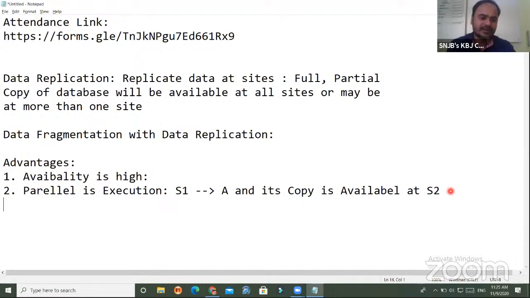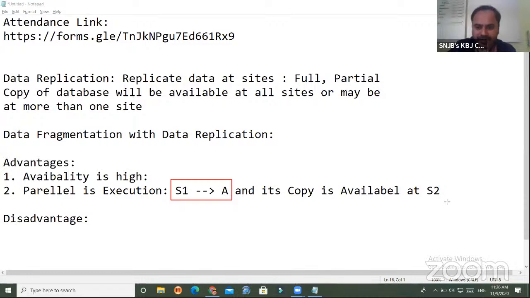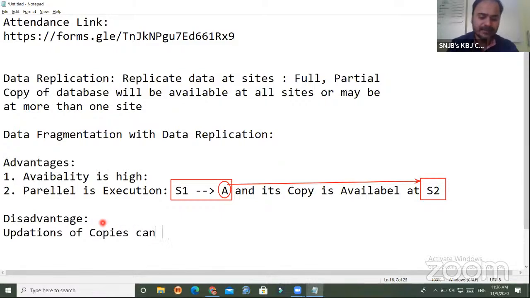Now there is a disadvantage of data replication, that is, suppose आपके पास यहां पर क्या है, ए का जो कॉपी है, ओके, ए का जो कॉपी है वो S1 पर भी है और ए का कॉपी S2 पर भी है। ओके, आपने जैसे ही इसको मॉडिफाई किया, सपोज यू हैव मॉडिफाइड द कॉपी ऑफ ए, जैसे आपने ये मॉडिफाई किया, आपको ये वाला जो भी मॉडिफिकेशन है, ये कम्युनिकेट करना पड़ेगा, कहां पर, S2 को भी। मींस wherever the copy of A is available, you need to update that particular copy also, and that will be one of the costly operation. गलती से भी आपसे एक आध कॉपी यदि प्रॉपरली आप लोगों ने उसको यदि मेंटेन नहीं किया रहेगा, तो आपको क्या होगा, पुराना कॉपी जो भी है वहां से मिल सकता है। सो दिस इज व्हाट द अपडेशंस ऑफ कॉपीज कैन बी कॉस्टली.